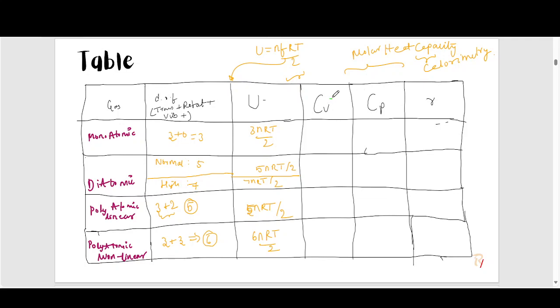Cv is nothing but f by 2 into R. Therefore 3R upon 2, 5R upon 2, 7R upon 2, 5R upon 2, 6R upon 2.